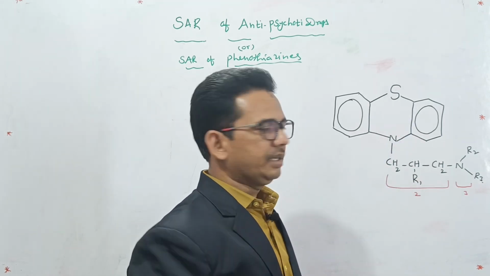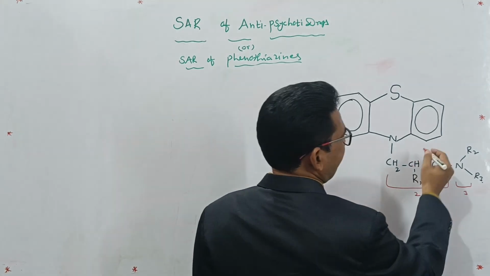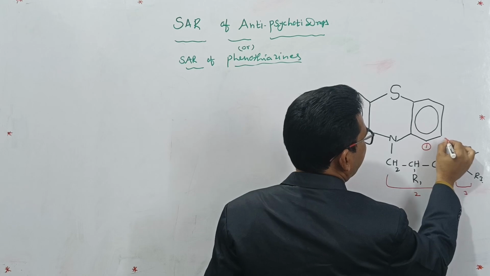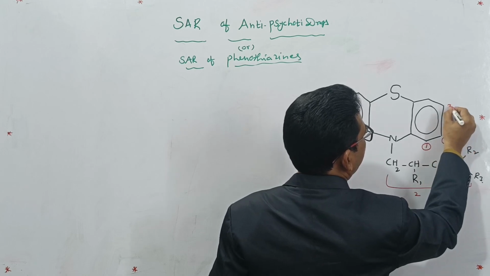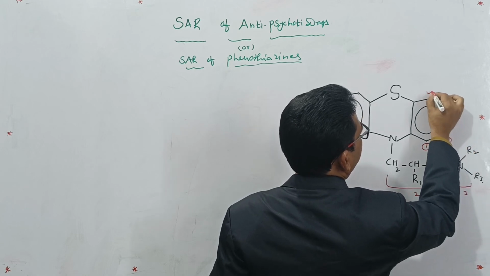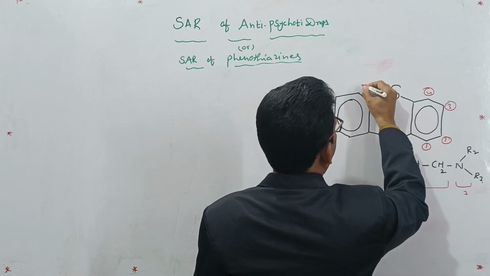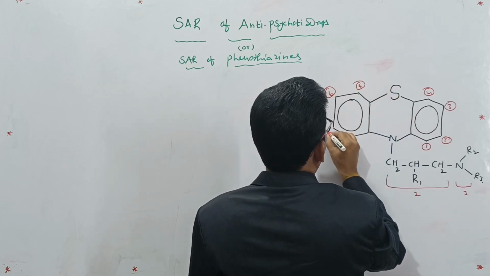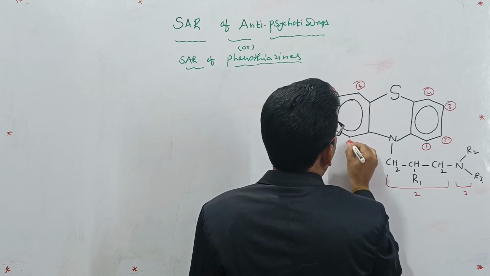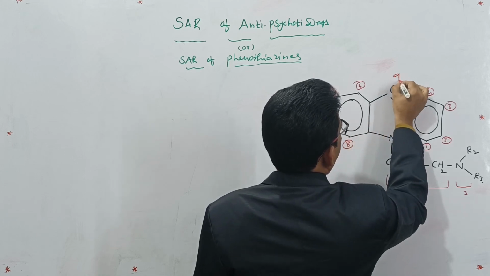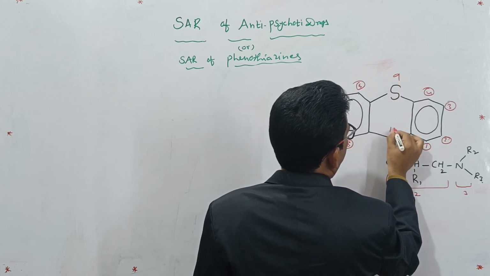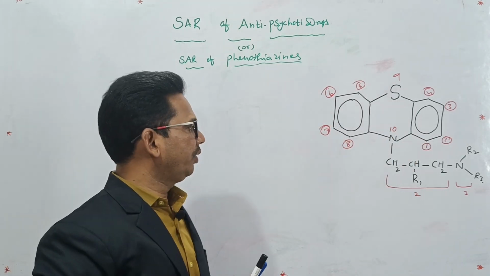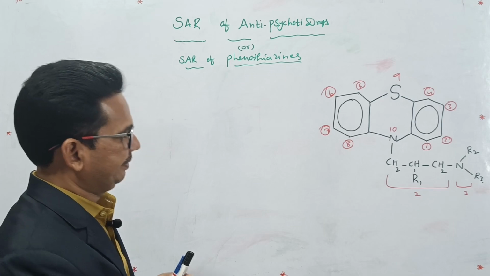But in the case of Chemical Abstracts, for easy remembering, we start from here: 1, 2, 3, 4. Next I give 5, 6, 7, 8. This is 9 and this is 10. This is how we give the numbering.